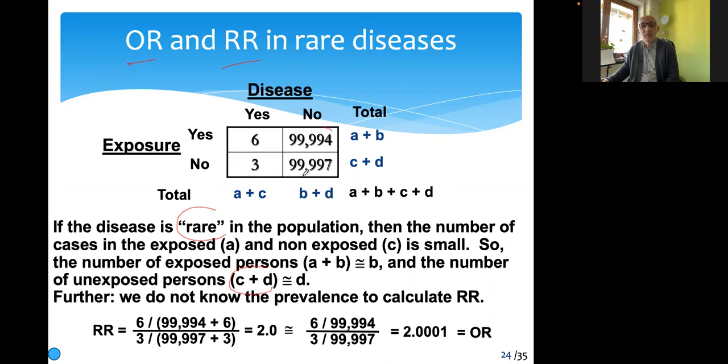It doesn't matter very much whether you calculate the odds ratio or the relative risk. As you see in this example, this is the formula for the relative risk. Here on the right side, you have the formula for the odds ratio, and they are returning almost the same numbers. Because what? Because the disease is very rare. 6 and 3, that does not make much difference.